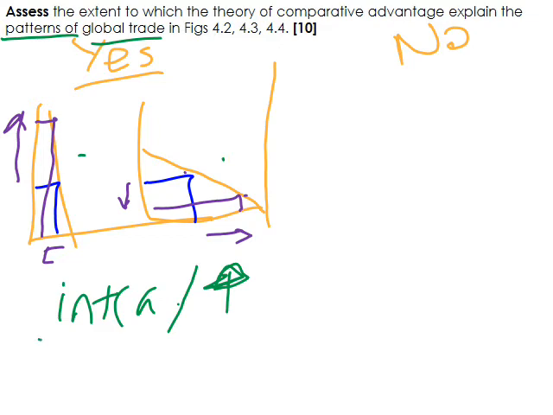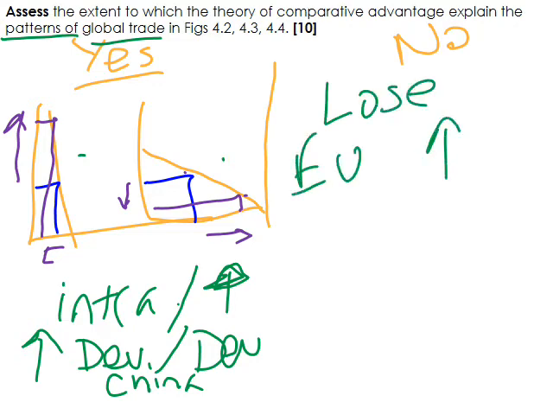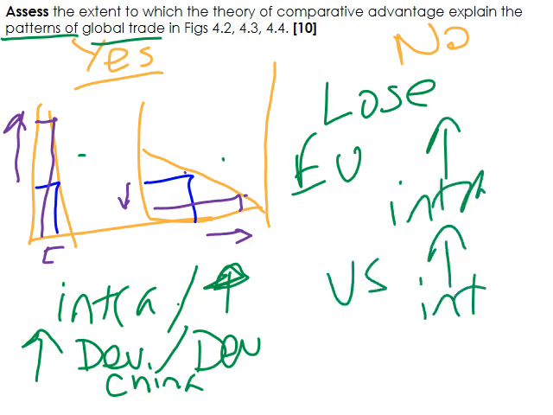The increases in trade between developed and developing countries might be to do with China gaining a comparative advantage in something, but you also have examples where a country loses a comparative advantage, for example the EU, but there is an increase in intra-regional trade, or again the US losing it and an increase in intra-regional trade.